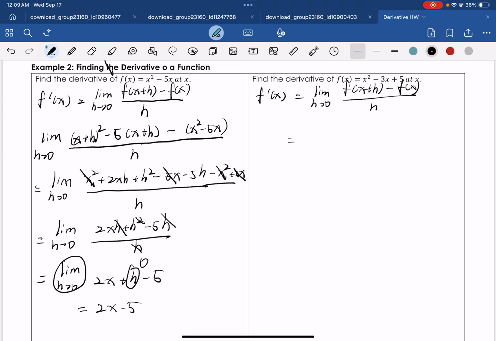And then we plug in: we represent x by x plus h, and then we minus the original f of x.